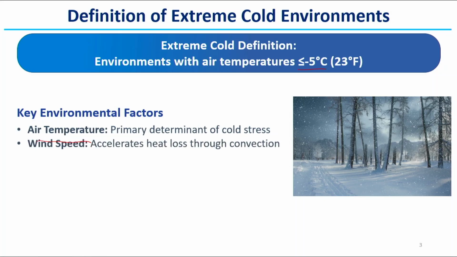Wind speed accelerates the heat loss from the body. Wind speed is another environmental factor, and we lose heat through convection. The air will take the body heat from our body.